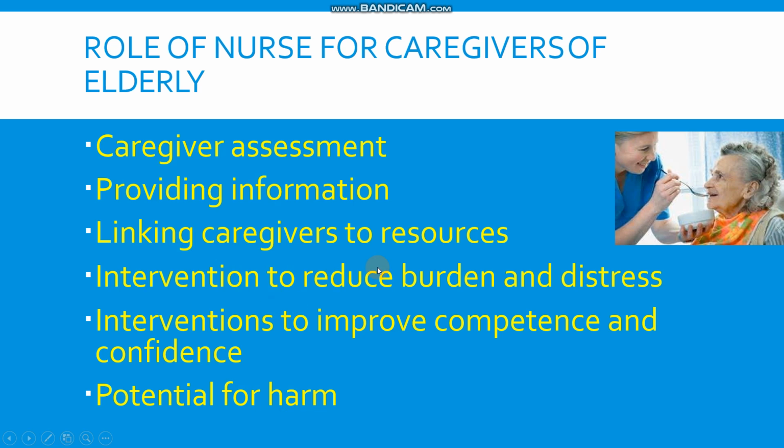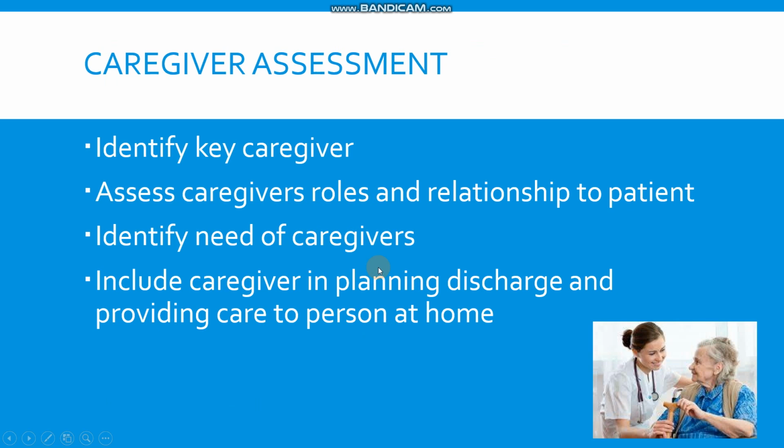One by one, first caregiver assessment: identify the key caregiver, assess the caregiver's role and relationship to the patient, identify the needs of caregivers, and include the caregiver in planning, discharge, and providing care to the person at home.